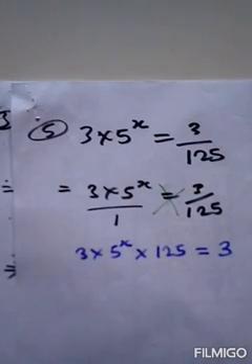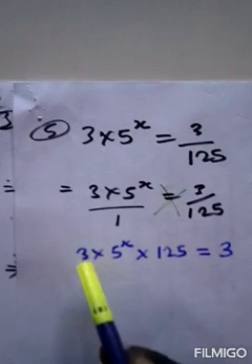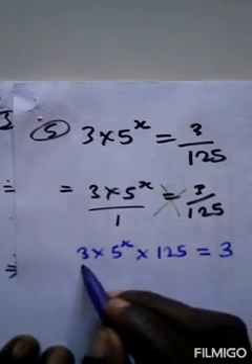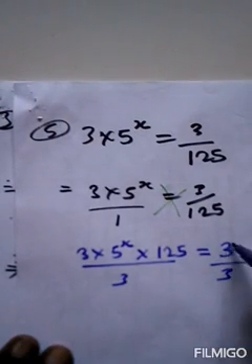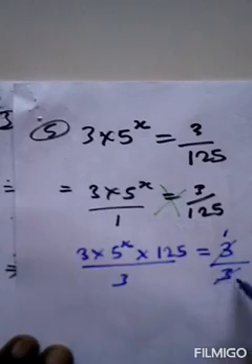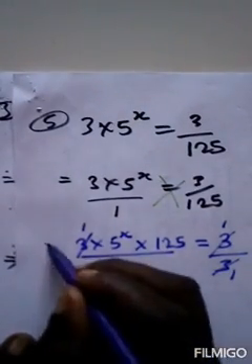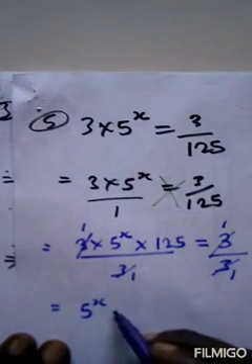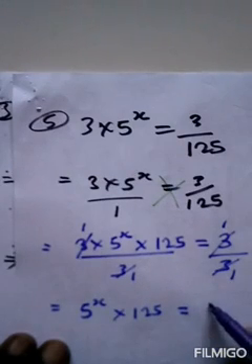When you have this, you can divide throughout, because I realized that on my right hand side I have 3, and on my left hand side I have 3. So I can divide the whole expression on both sides by 3. When I divide by 3, 3 over 3 is 1 on both sides, and the expression I remain with is 5 to power x times 125 is equal to 1.